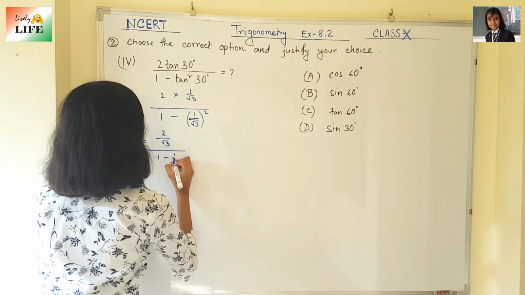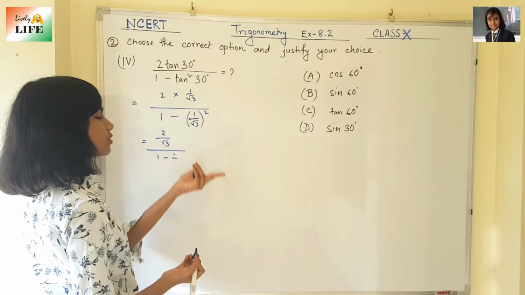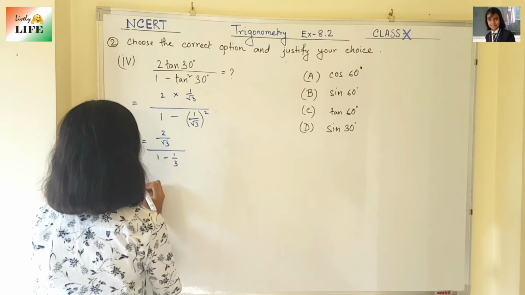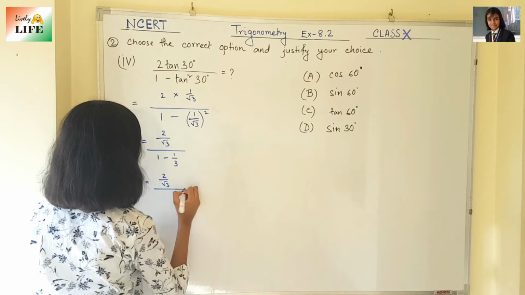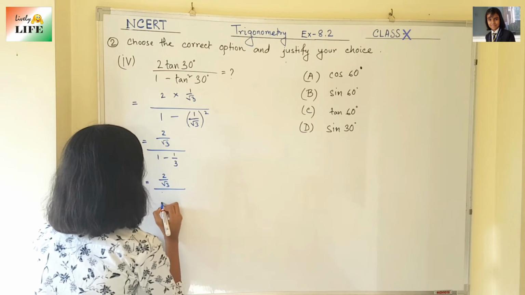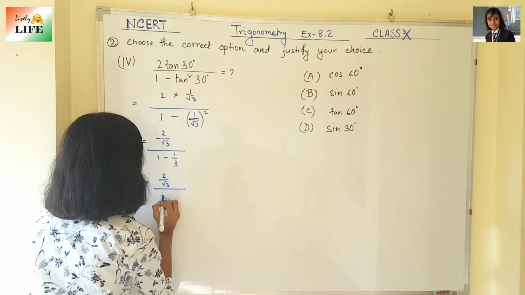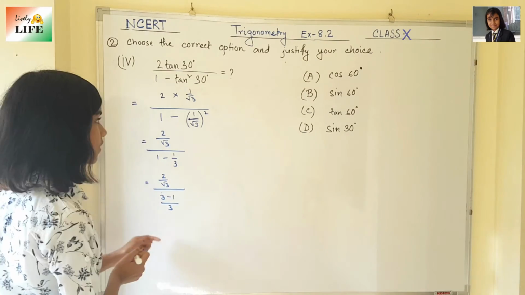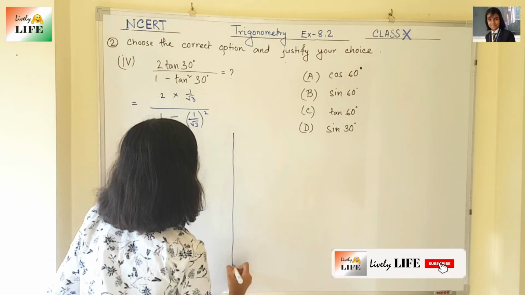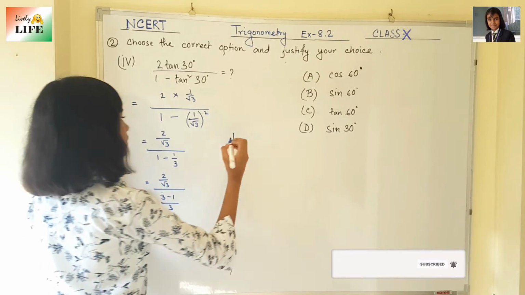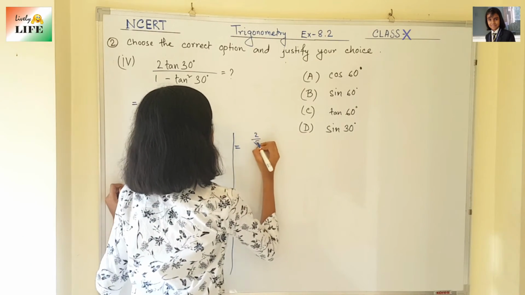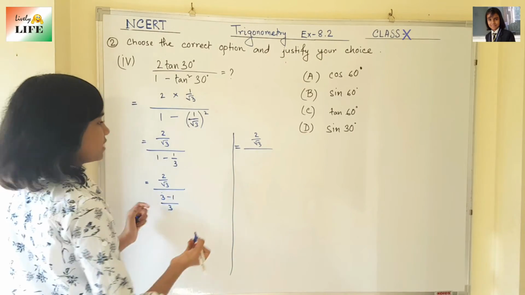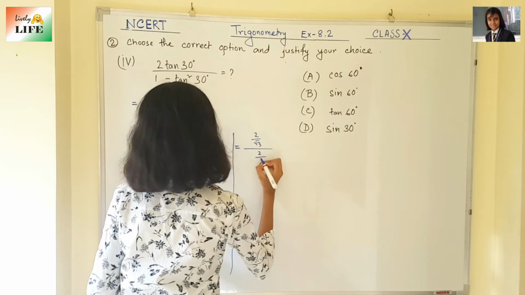It is 1, and what is root 3 square is 3. So 2 by root 3 by 3 minus 1, okay, equal to 2 by root 3 by 3 minus 1 is 2, 2 by 3.